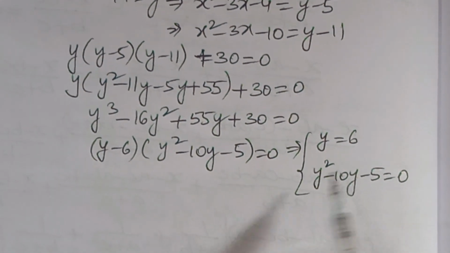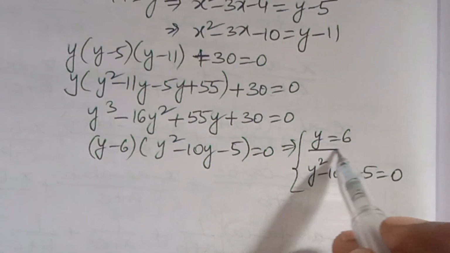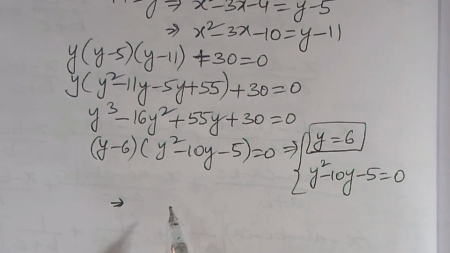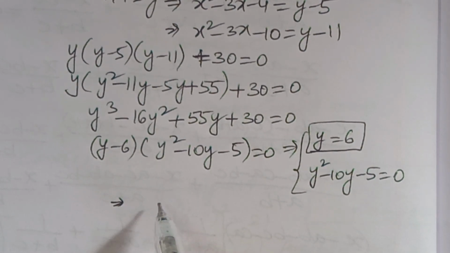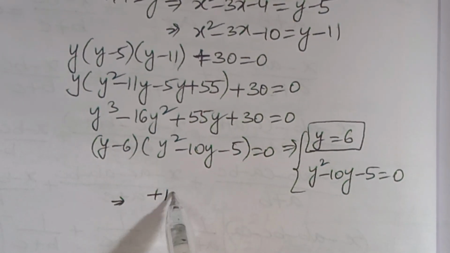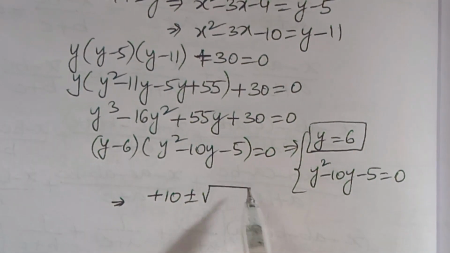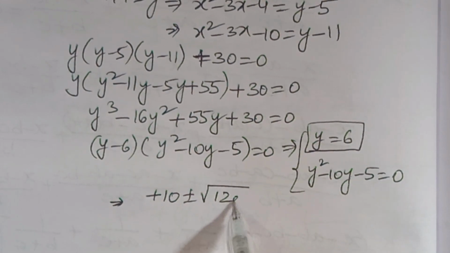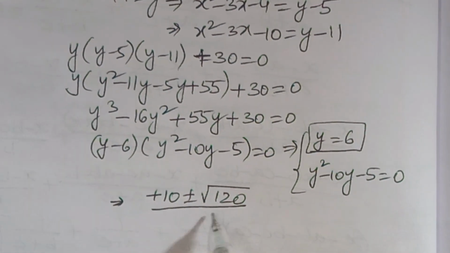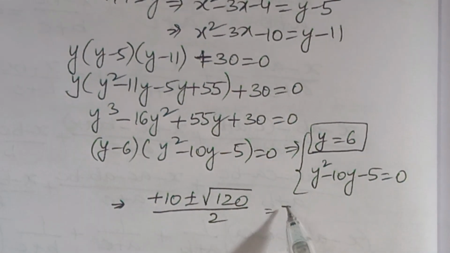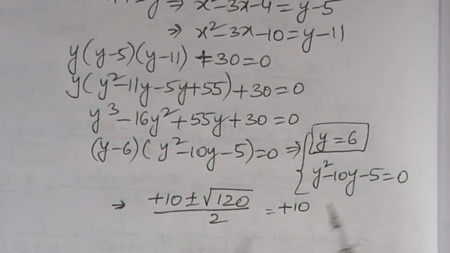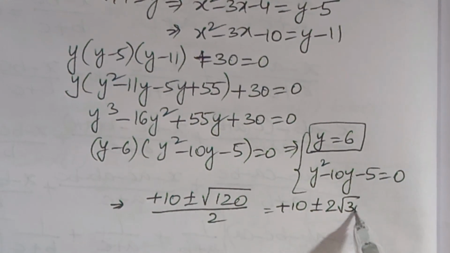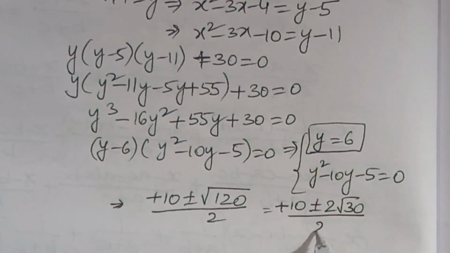So here this is one value of y. If you use −b plus or minus, you will get 10 plus or minus root of 120 by 2, so 10 plus or minus 2 root 30 by 2.